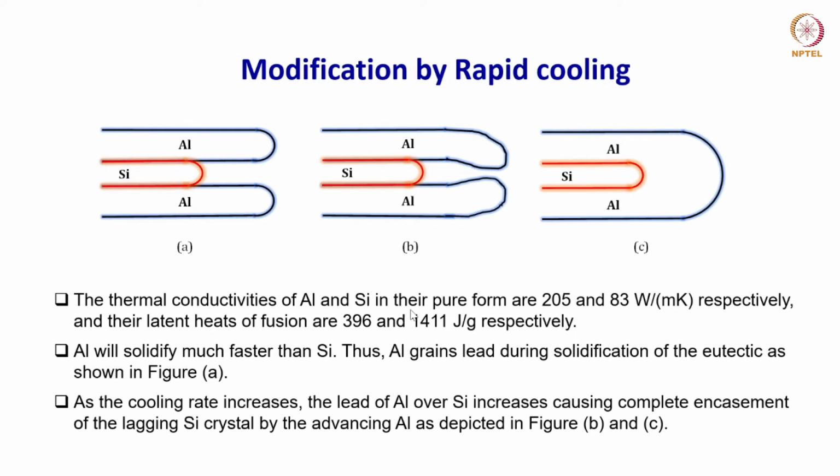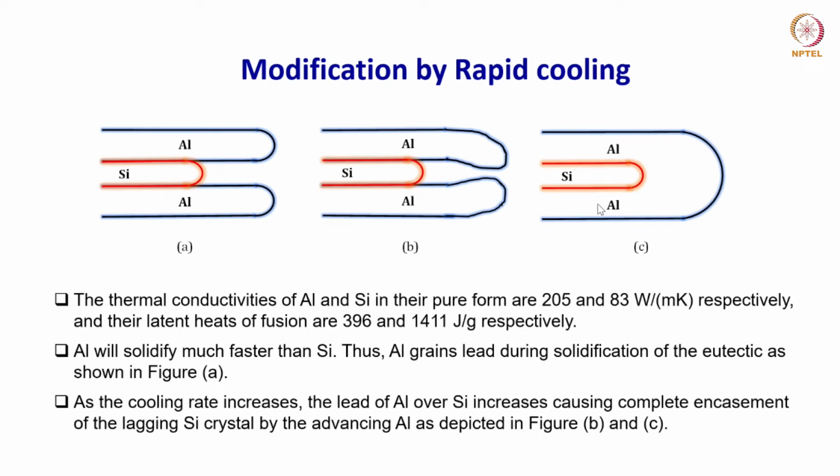And eventually, as the cooling rate increases, aluminium will lead more and more, and it will cause a complete encasement of the silicon growing crystal, as you could see from this particular figure over here, figure C. As the silicon lags behind and aluminium leads, this will result in a complete encasement of the silicon by the growing aluminium crystal around it.